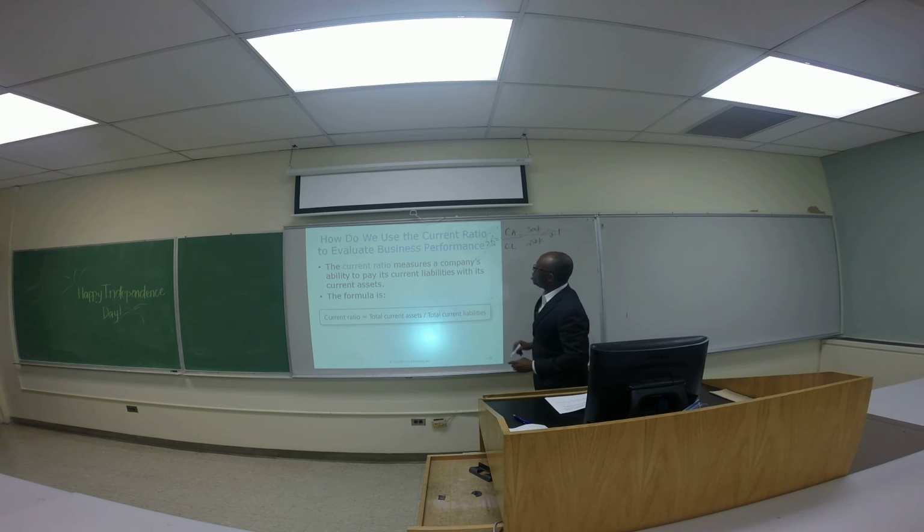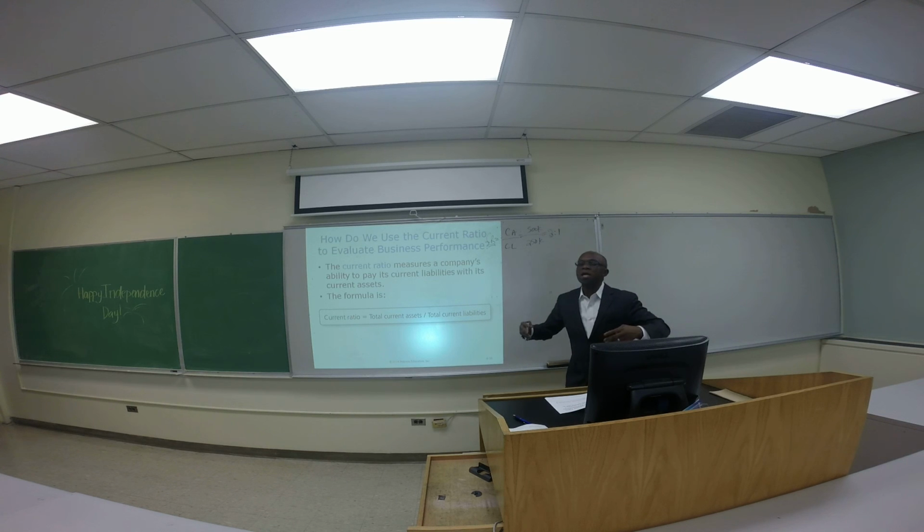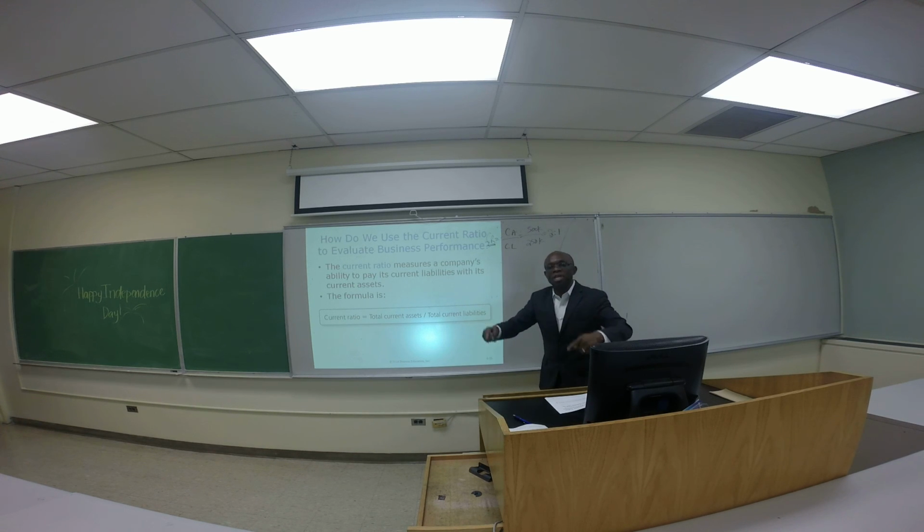The higher your current ratio, the more likely that a creditor will look favorably on extending you short-term obligations. Now, that is not the only thing they look at, they also compare your current ratio with the average company in your industry.